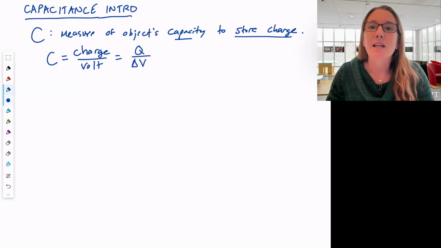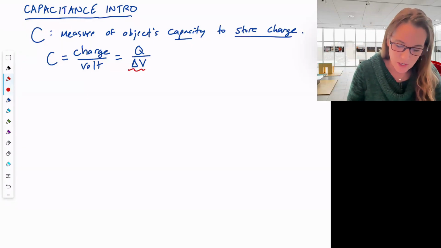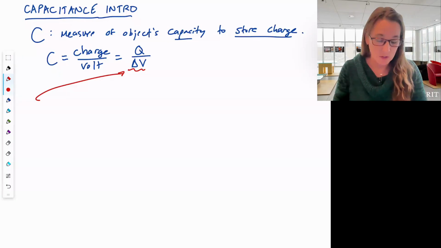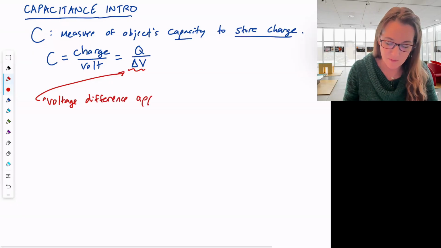So let's talk about what it means for a voltage difference to be applied. If we go back to our previous modules, this is the voltage difference applied.